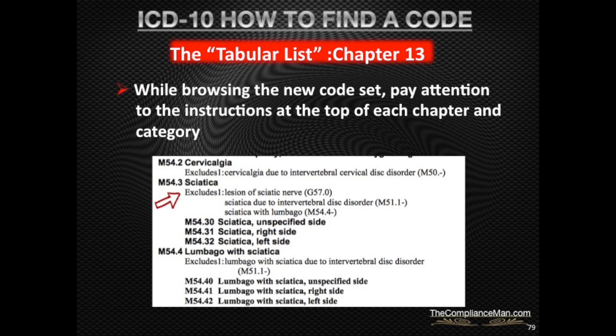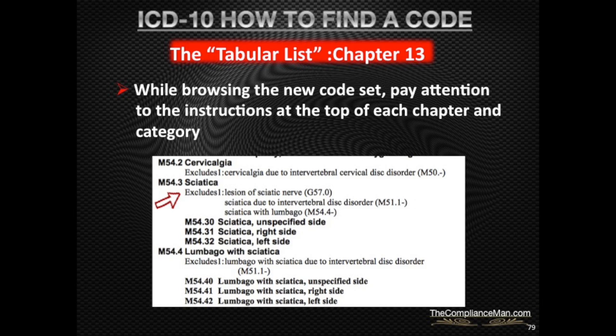So again, when you go to the tabular list in chapter 13, while you're browsing the new code set, you want to pay attention to the instructions at the top of each chapter and of each category. So in this example here, you'll see sciatica, and you'll see excludes 1. And remember, excludes 1 means that the two codes cannot be used together. So the excludes 1 can direct you to a better code that you can use, which is more specific to the reason for the cause of the sciatica.